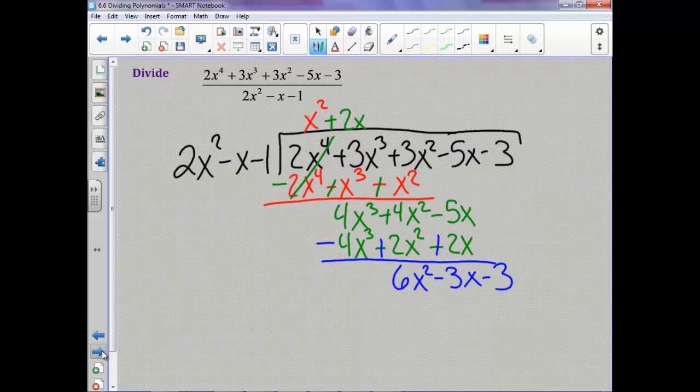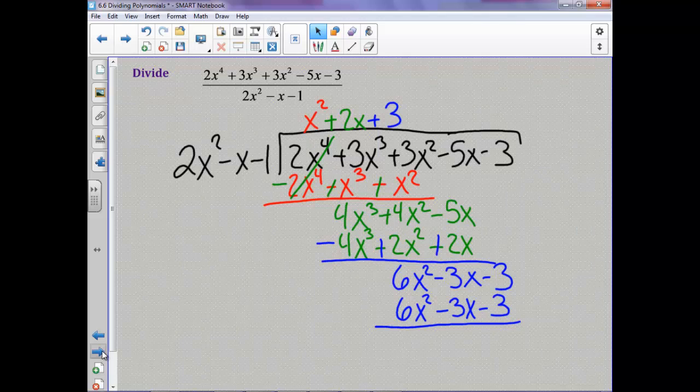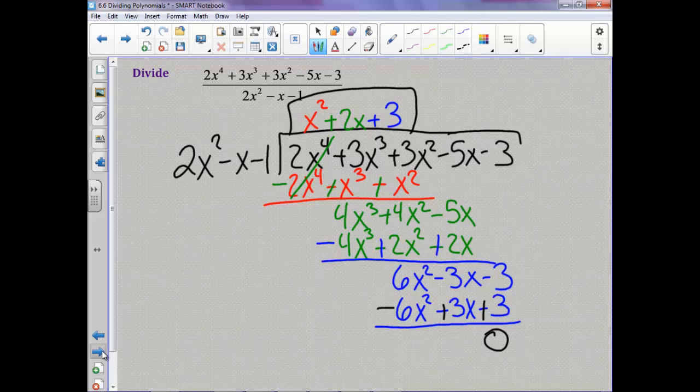Multiply this one by a positive 3. Left with the remainder of 0. So there's our answer. And that is how you divide polynomials.